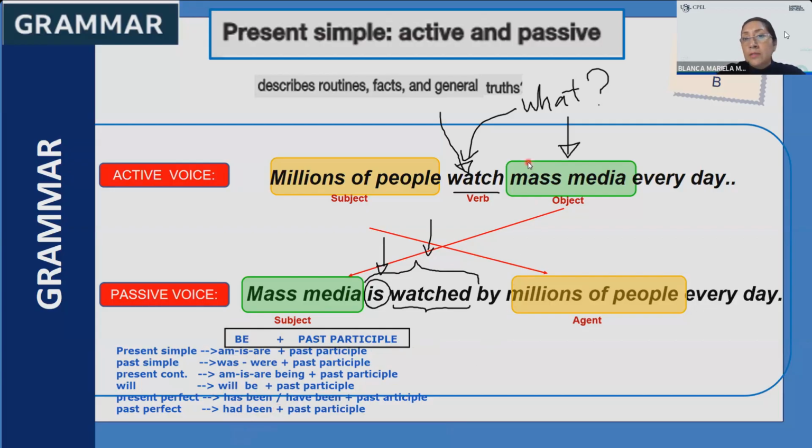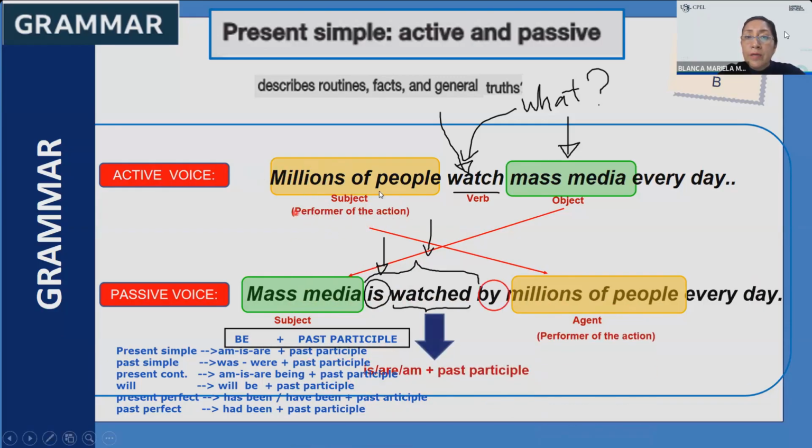And let's continue analyzing this sentence. Mass media is watched by millions of people. Remember here in the active voice, the subject is the performer of the action. In passive voice, the performer of the action is called agent. Here subject, here agent.